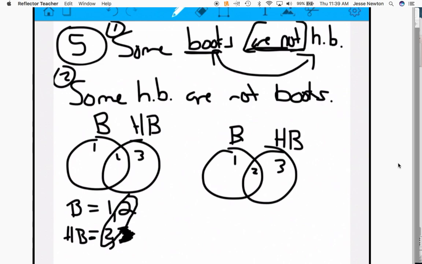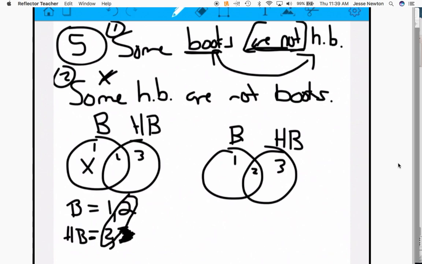We know we're going to use an X because when you see "some," think X. We know when saying "are not," we don't put an X in 2. So if we don't put an X in 2, we've eliminated 3, we put an X in 1. And this shows us that some books are not hardbacks.